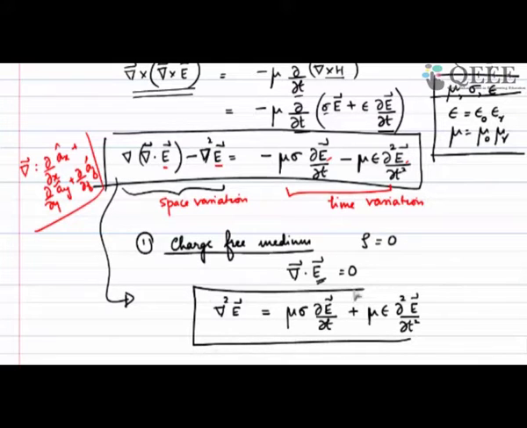This is my general wave equation for a medium which has a specific mu, a specific sigma and a specific epsilon.